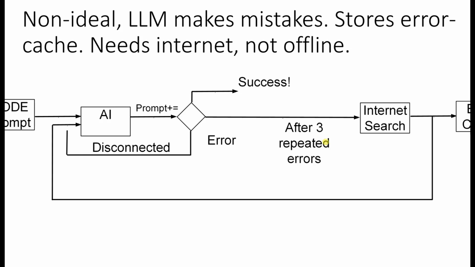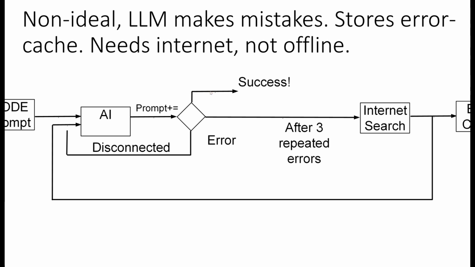And that does happen with some of the large language models, particularly the ones that are not designed specifically for coding. So what you do then is you do an internet search, and then it hopefully gives it information which you feed back to the AI, and then it can fix itself, and then you get success.